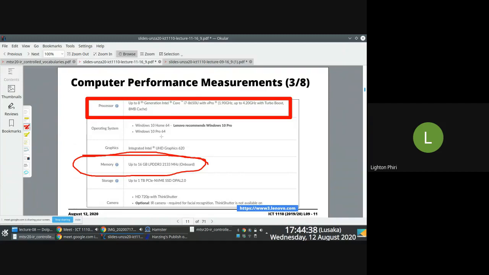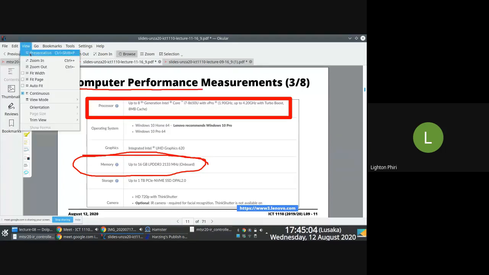They'll just give you a holistic number to say it has 8 megabytes of cache and this much RAM. If you want to find out the specifics of registers, you'd have to dig deep. But the bottom line is that all of these things are associated with the performance of the computer.